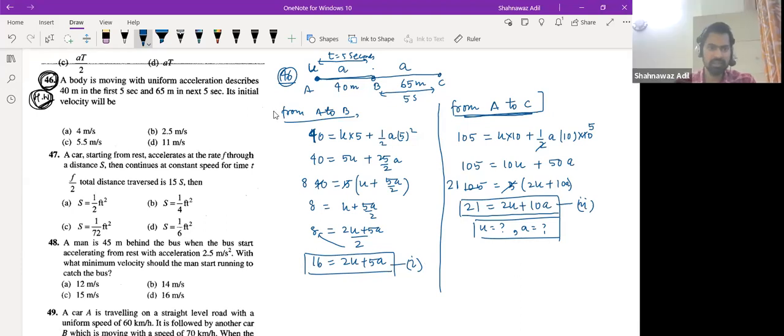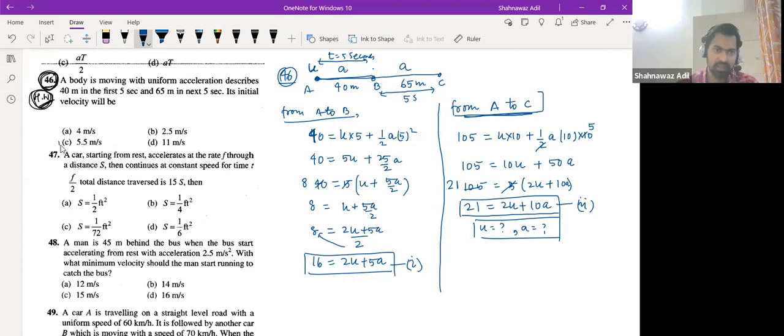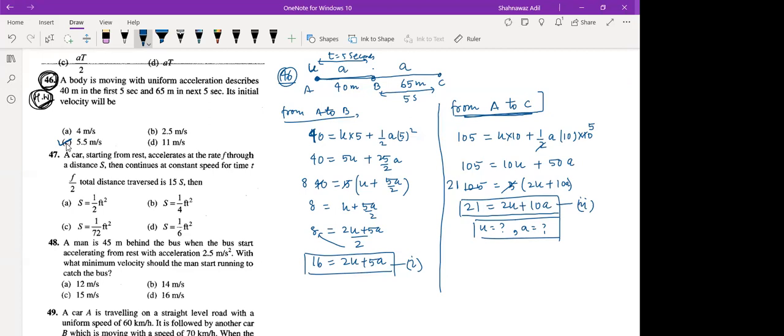Yes, so the answer is in decimal, right? 2.5, 5.5, 4.7. What did you get? 5.5 meter per second. So, see, this is the answer, right? And what about you, Siddhika? What did you get? 1 second, sir.